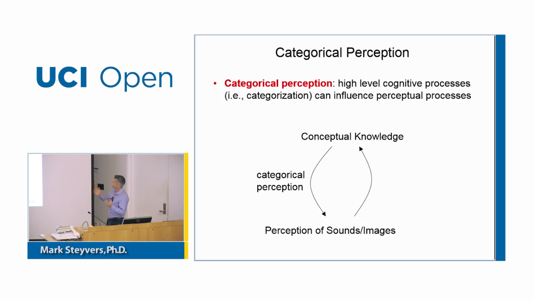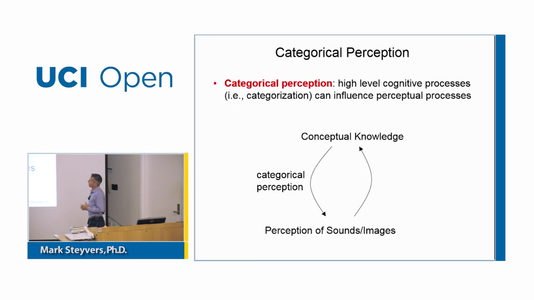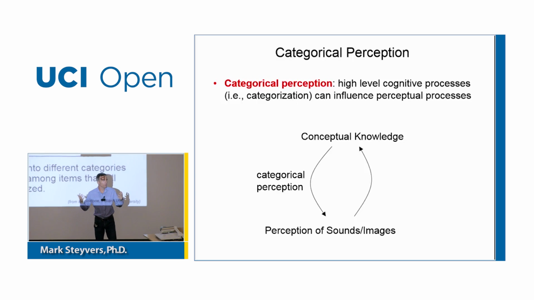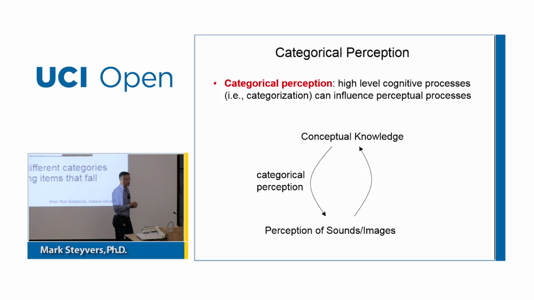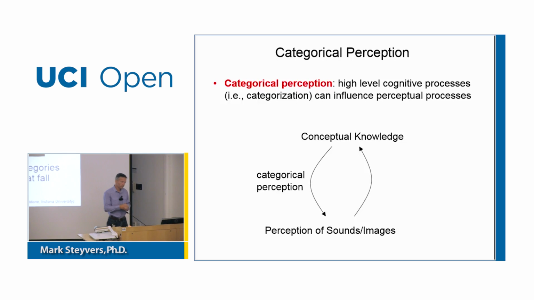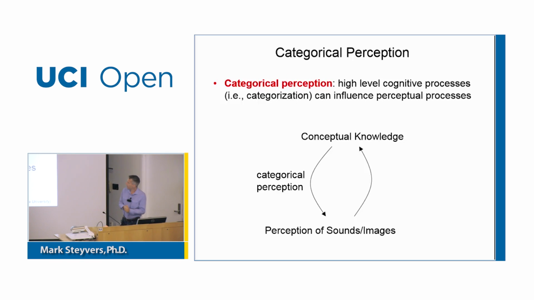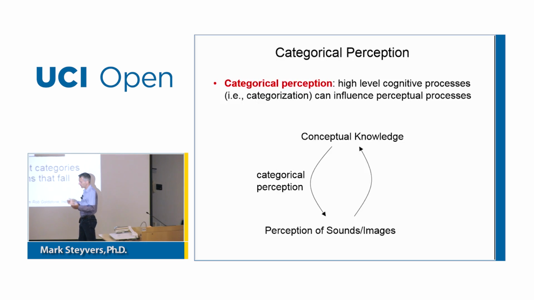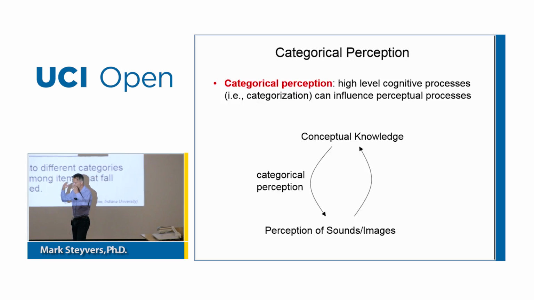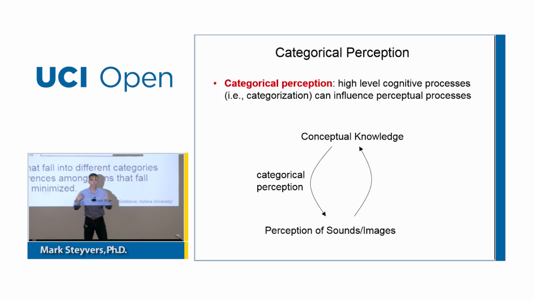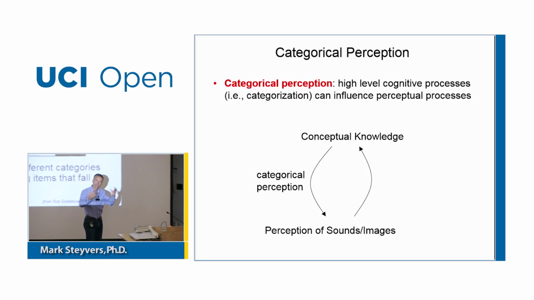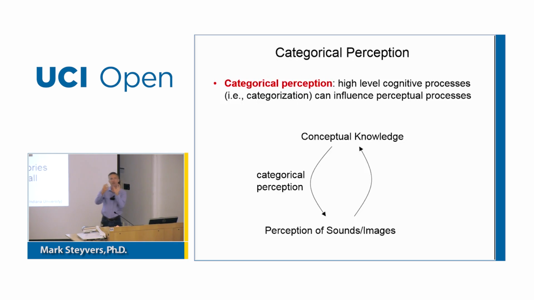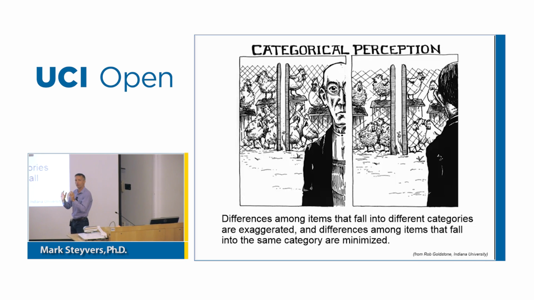So here's an illustration of this phenomenon. There are real physical differences out there in the world. Let's say there might be two types of chicken. When you look at these two types, because of your knowledge that these are two different categories, you might amplify the physical differences between categories, and you might minimize the physical differences within categories.